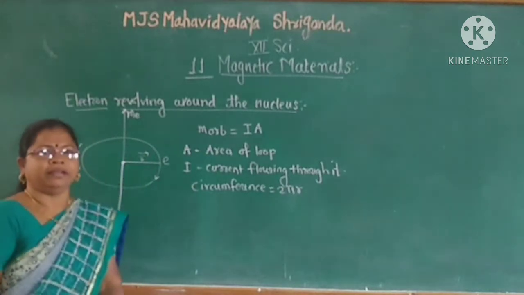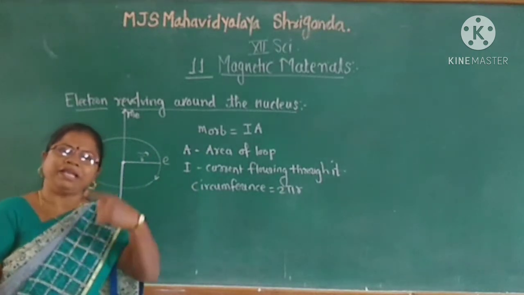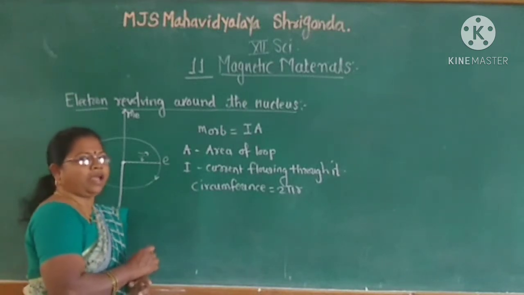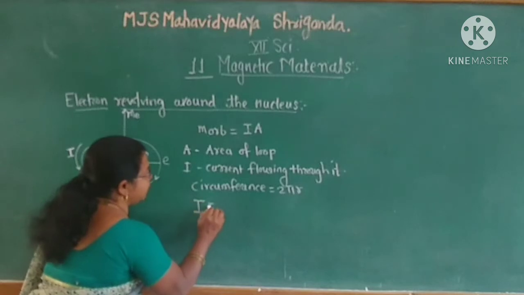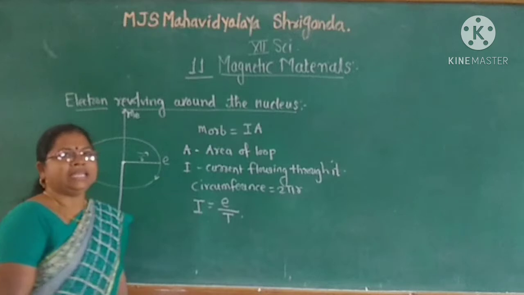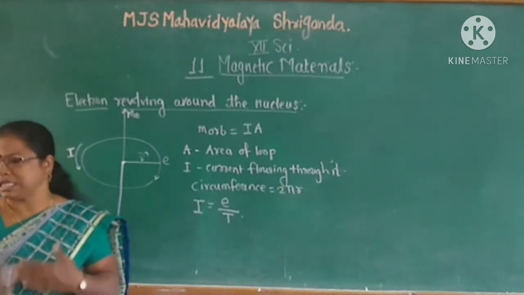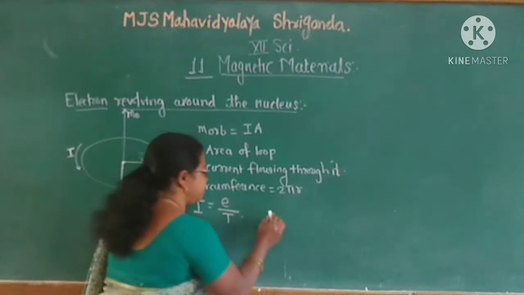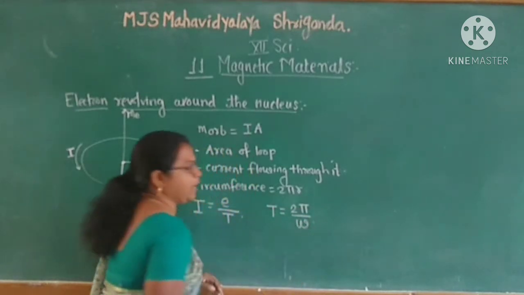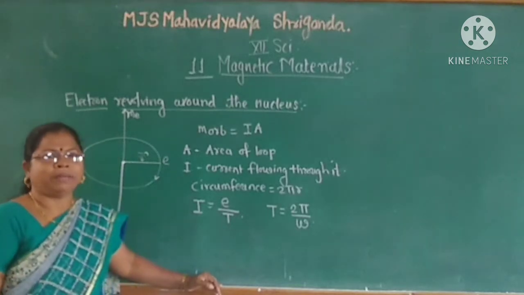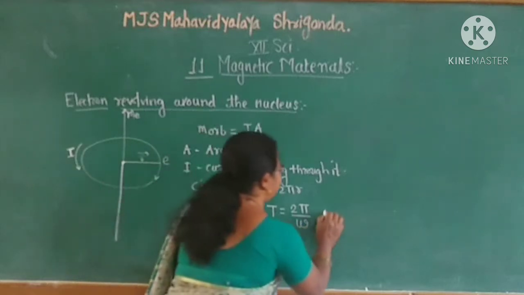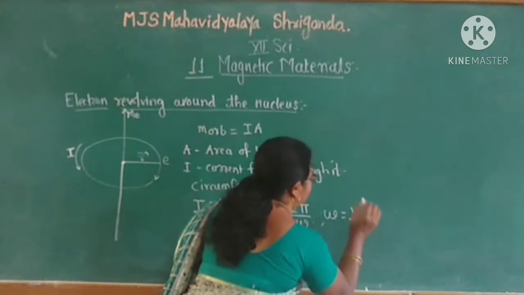Then the period or the time taken to complete one revolution, T is equal to E upon I, or in this case current I is equal to E upon T. So in time T, how much distance is covered by it? That is T is equal to 2 pi by omega, and we know omega is equal to V upon R.